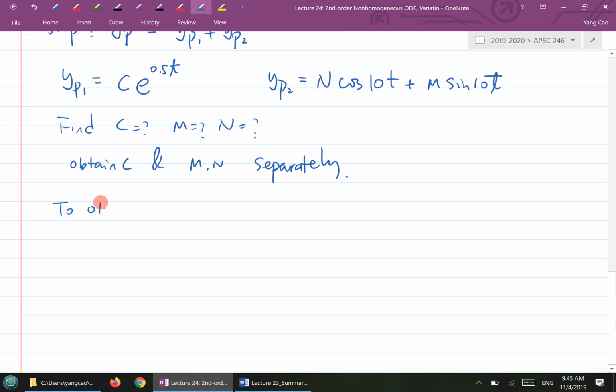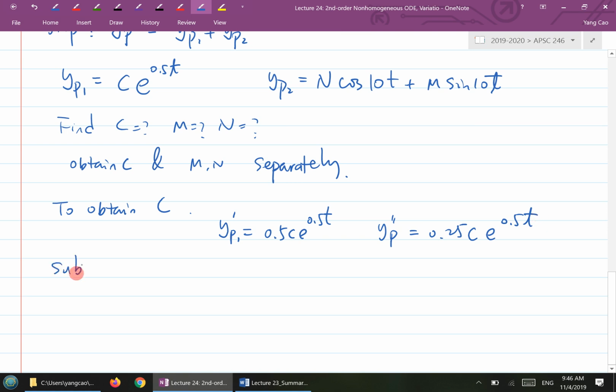So basically to obtain c, you calculate yp1 prime, yp1 double prime, and of course you still have your yp. Let me do a quick calculation here. If I calculate yp prime, here's yp, so we get 0.5c of this. yp double prime is 0.25c times this.